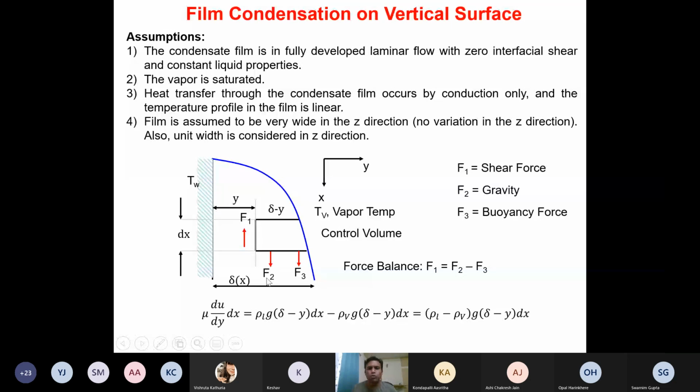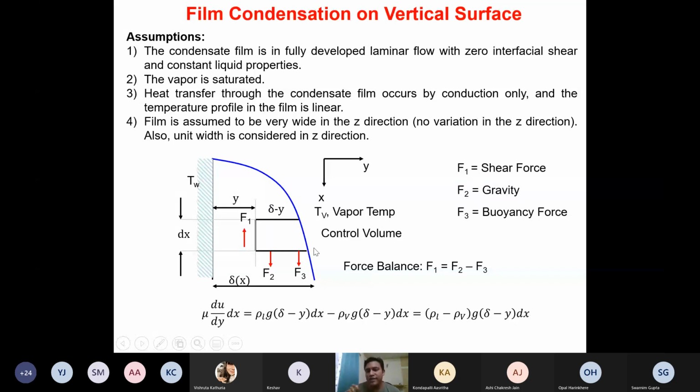In this particular case, the vapor is assumed saturated, so only the latent heat of vaporization is coming into the picture. There is no sensible heat coming into the picture in this case. That is what it means from the second assumption. The heat transfer through the condensate film occurs by conduction only. Remember, there is a vapor here, and there is a cold surface here, so between this cold surface and this vapor, the heat transfer is taking place through this liquid film, and in this liquid film the temperature profile is linear.